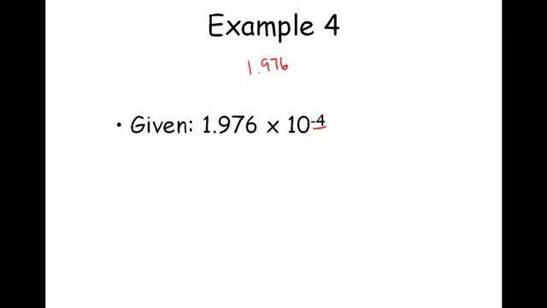I'm going to move it to the left 4 spots. 1, 2, 3, 4. And again, you fill in the zeros in the missing spaces. So it should read 0.0000, 3 zeros, and 1976.